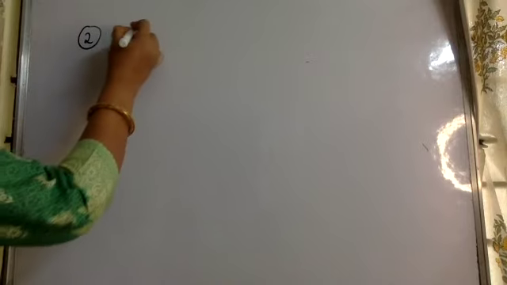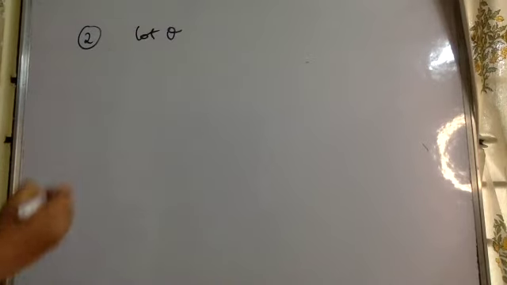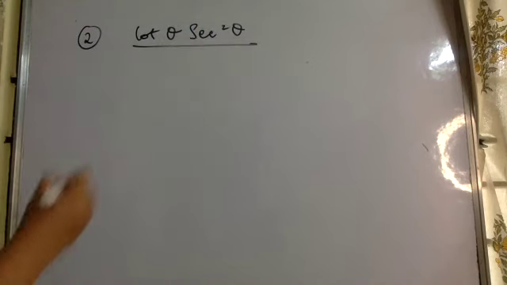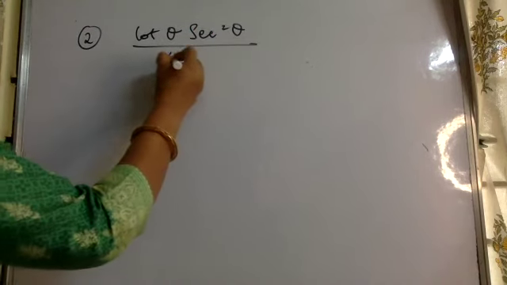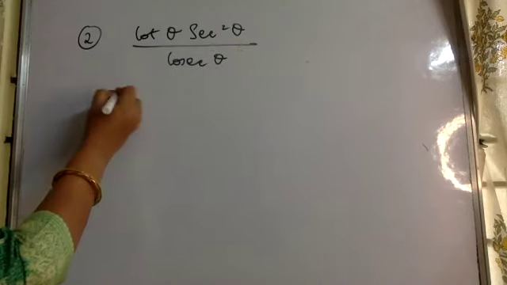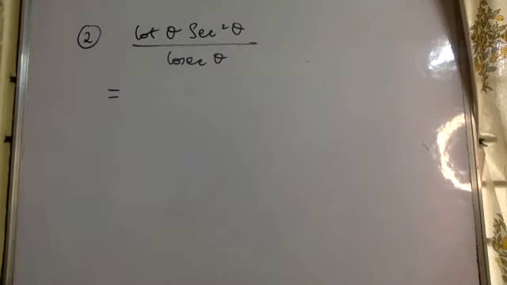Here we have cot theta, I'll just take it as question 2, cot theta, and then sec square theta, and then cosec theta. Cot theta, sec square theta, cosec theta is equal to which of the 4 options that you can see.